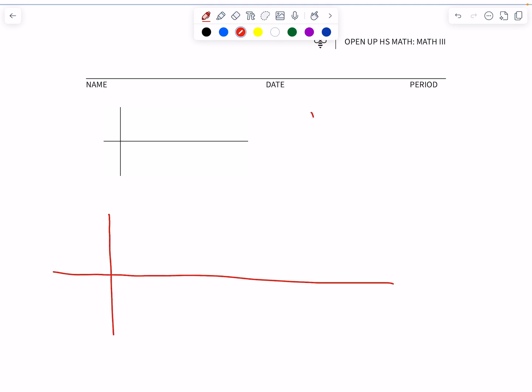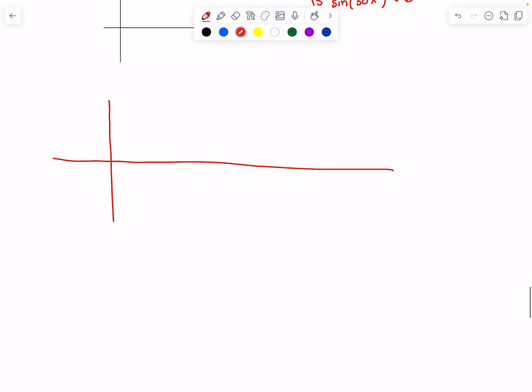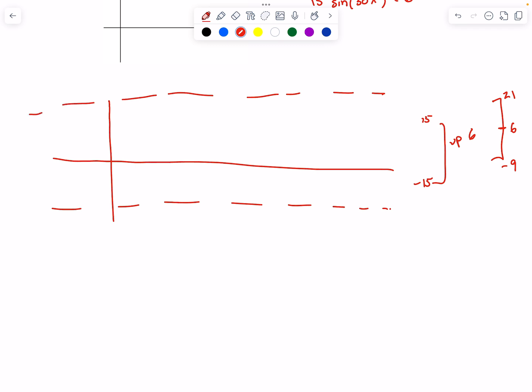Okay. So -15 to 15 and then up 6 is actually going to be -9 to 21. And the center is up 6, so the center is at 6. -9, 21, center at 6.